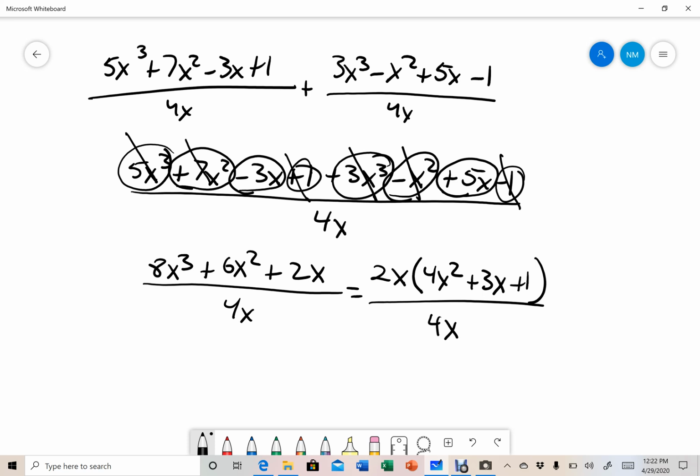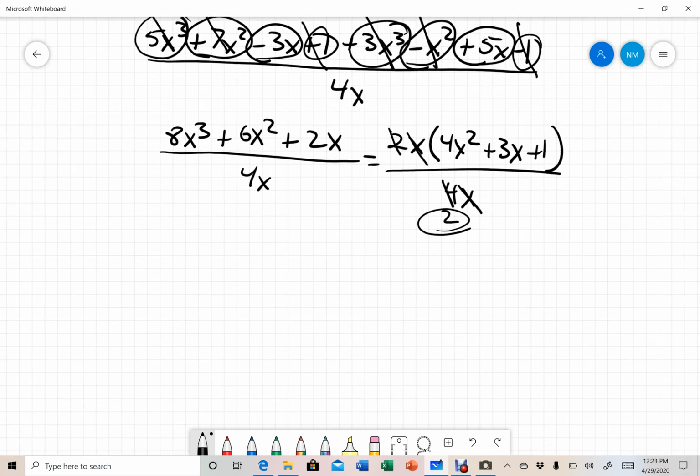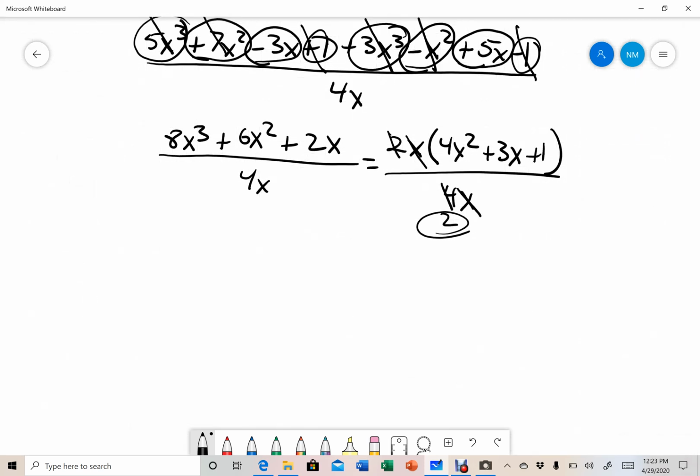Okay, over 4x. Now, looking at this, now I have terms that can cancel out. Okay, so 2 goes into 4 2 times, x into x, so I get 2 as my new denominator. Okay, so my answer then is 4x squared plus 3x plus 1 over 2.